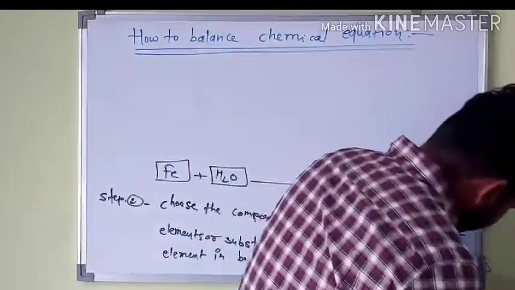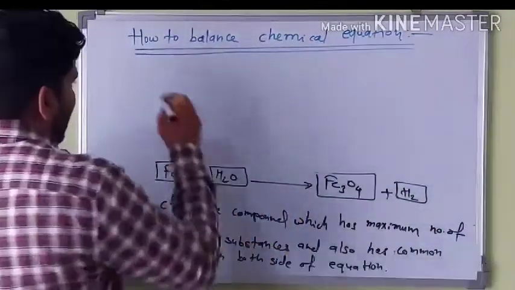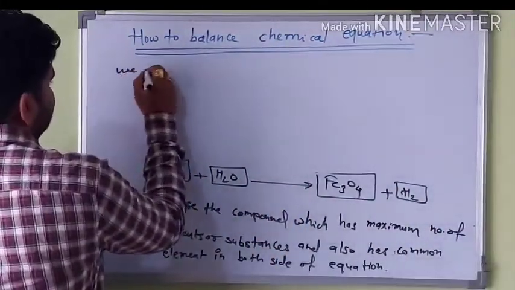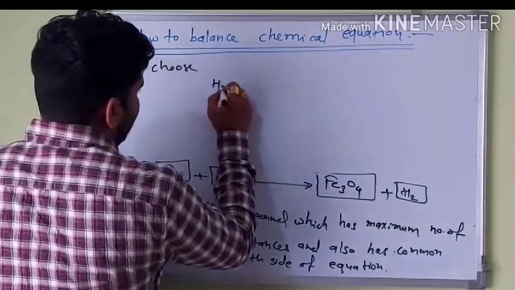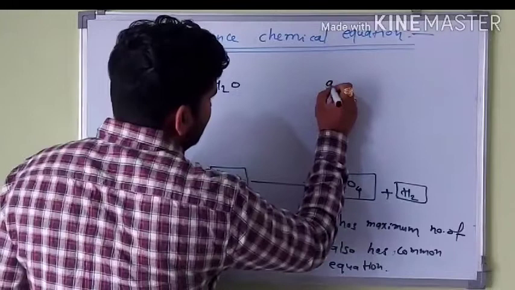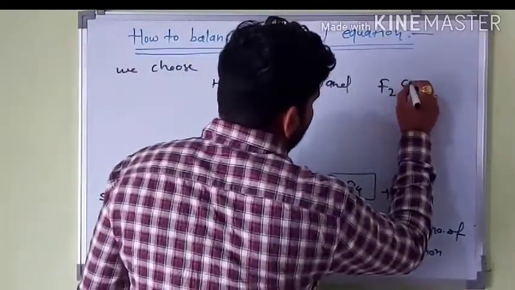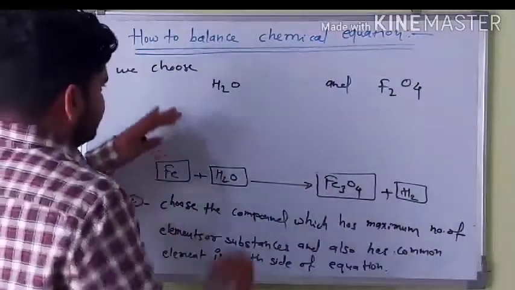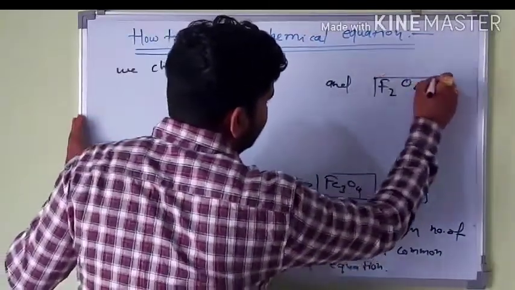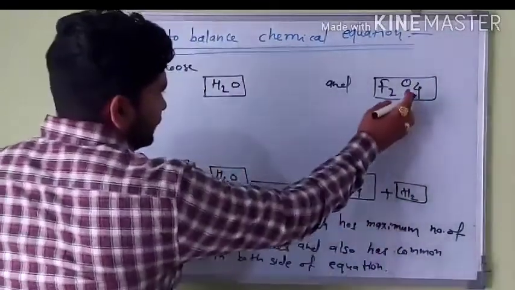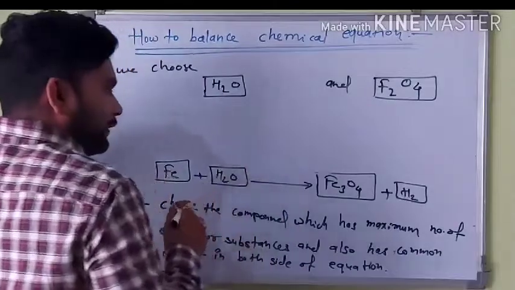Okay, we choose H2O and Fe3O4. Here first draw boxes in both sides.